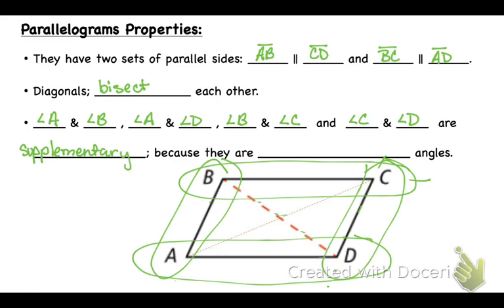So they equal 180 because they are same side interior angles because of our transversals. So this is all the stuff we know and that we're going to use.